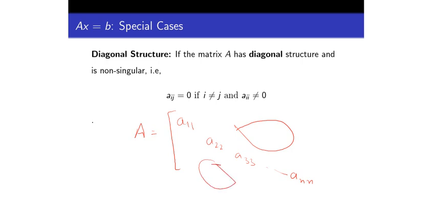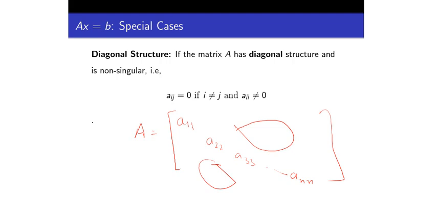Okay, so very simple here is the diagonal structure. If the matrix A has diagonal structure and is non-singular, what type of matrix is it? You have A11, A22, A33 and so on, Ann. Above the principal diagonal and below the principal diagonal there are zero entries.